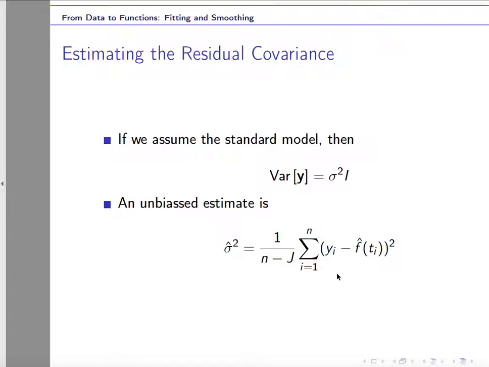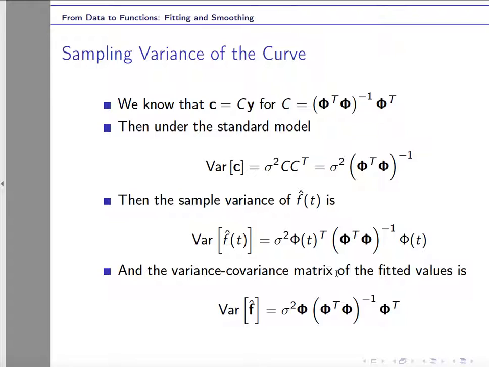After we get the estimate for sigma squared, we can find the variance of the fitted curve. The reason is that the vector of basis coefficients c hat is equal to matrix C times Y, where capital C is basically this matrix, right?